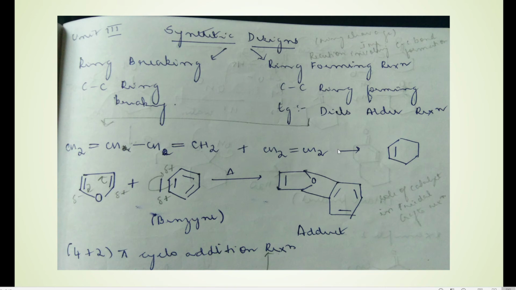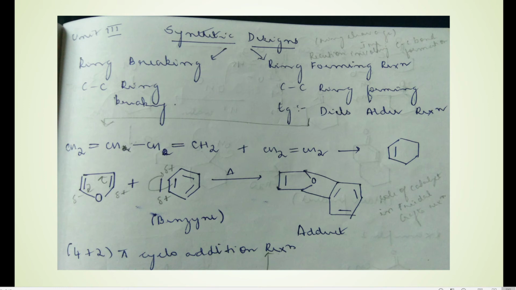So there's a formation of a ring. Here we are giving just two simple examples for you to understand. You can see there's an additional ring that is formed. These two are simple examples for you to understand what exactly is happening in a ring formation reaction.